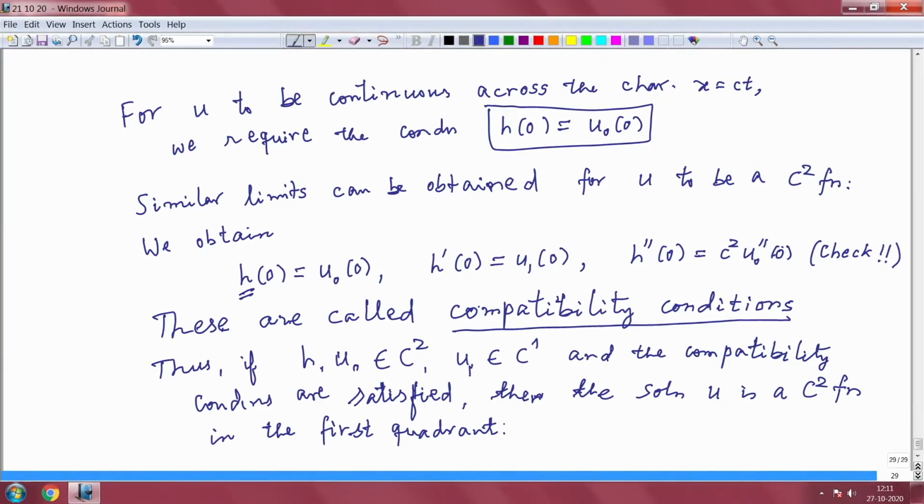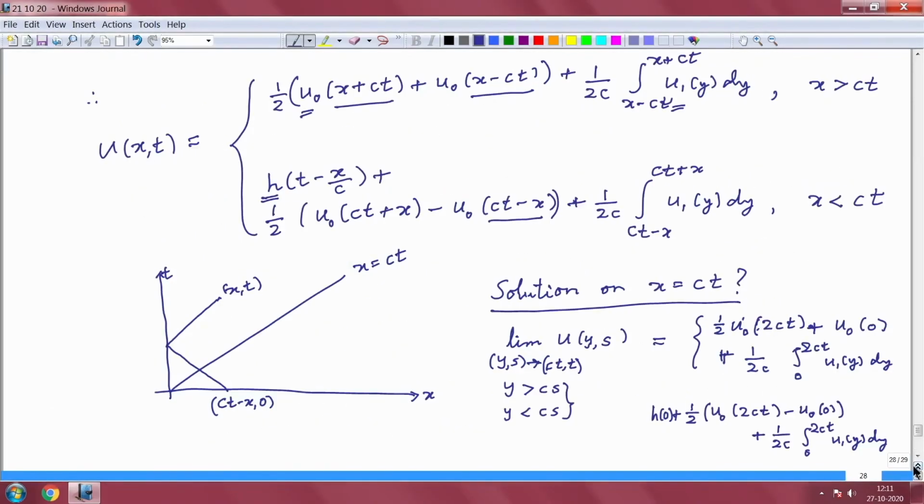Here there are three conditions. If any of the compatibility conditions is not satisfied, then you will suffer a corresponding discontinuity, either in the function itself or in the derivative, across this characteristic.